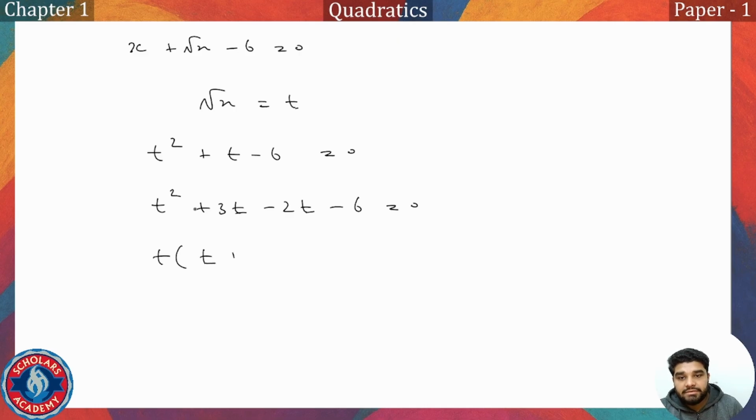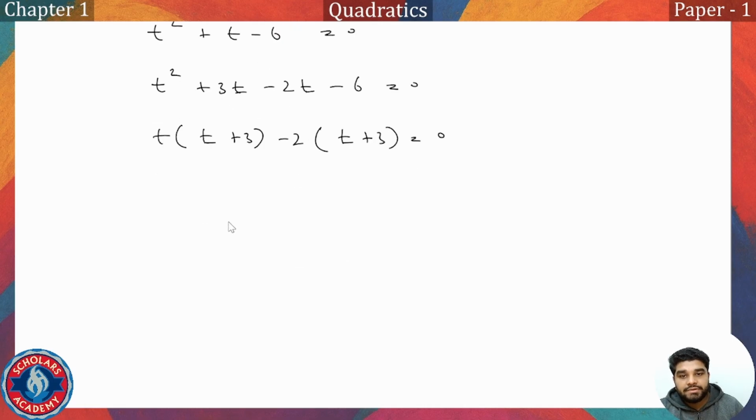Taking t common, and taking 2 common, we get t plus 3 and t minus 2 is equal to 0. T is equal to negative 3 and t is equal to 2.